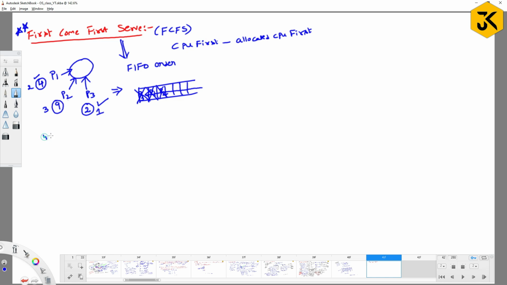For example, the data set is as follows: process ID, arrival time and burst time are given. Process ID can be taken as a string also: P1, P2, P3, P4, P5 and P6.